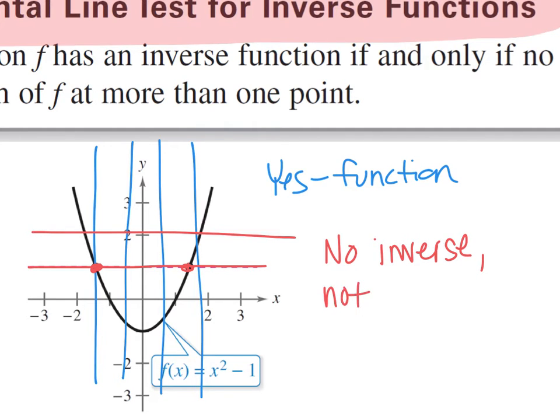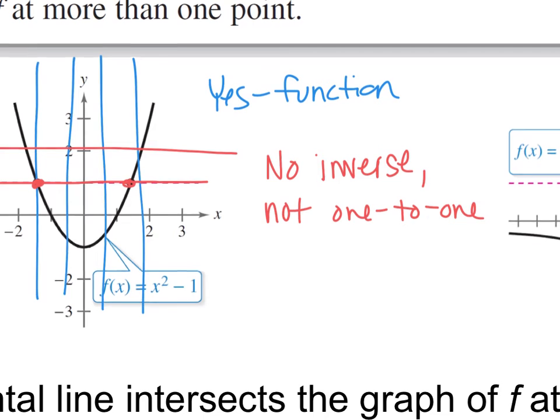So if you're ever asked if it's one-to-one, look at this. It's not one-to-one. And what that means is if you have your original ordered pairs and then you flip-flop them, that's not a function because horizontally here, this is not a function. So one-to-one means that it's a function and it has an inverse.